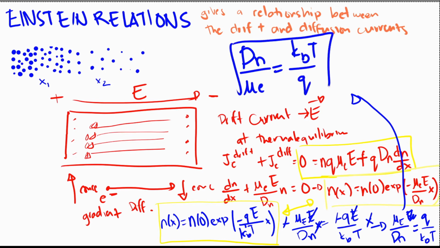So this gives us a relationship between the diffusivity and the electron mobility of our electrons. For holes, we also have a similar relation.